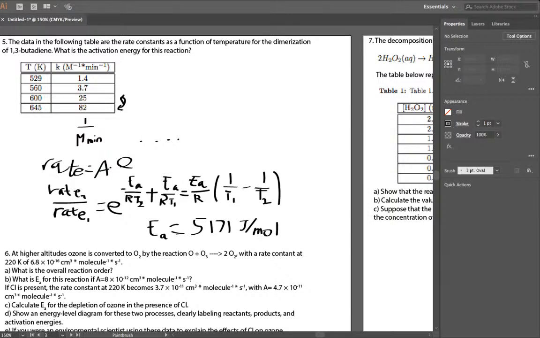Let me just search Arrhenius. Let me quit this first. Arrhenius law. Yeah, Arrhenius equation.